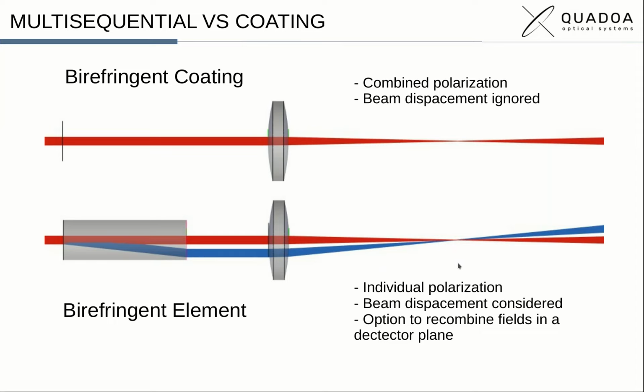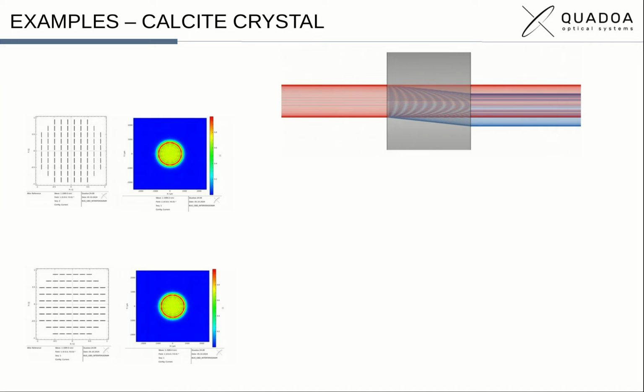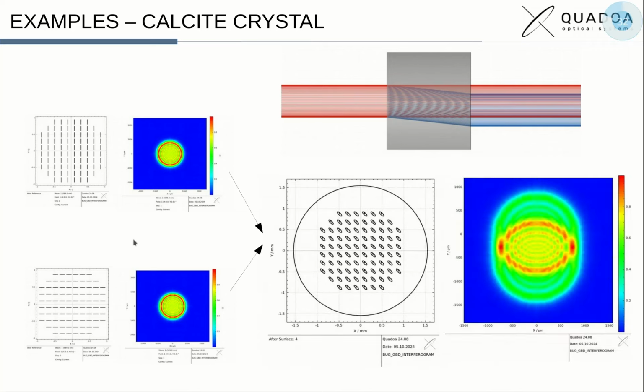Now, to see what we can do with all these features, let's take a look at some examples. The first example is a birefringent crystal. It's illuminated by a beam, and we are using the wave optics toolbox to analyze the outcoming beam properties. We can see that if we look at the individual sequences, then we get the vertical as well as the horizontal polarized beam out of the crystal.